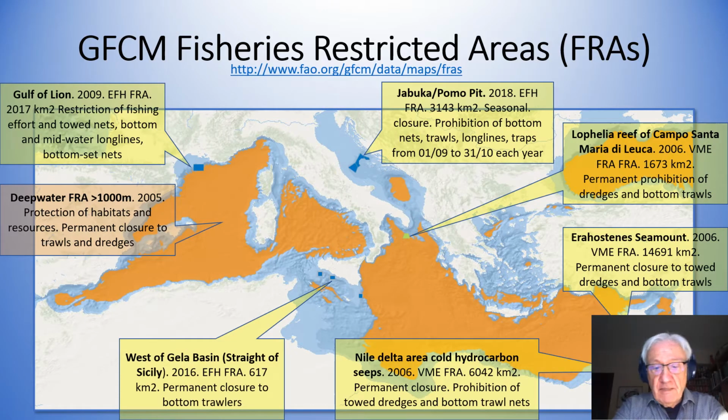GFCM has established fisheries restricted areas, or FRAs, to protect marine resource essential habitats, vulnerable species and ecosystems, both in EEZs and in the high sea. In 2005, GFCM closed the entire Mediterranean to trawling and dredging at depths below 1,000 meters. The area is shown in brown on the map.